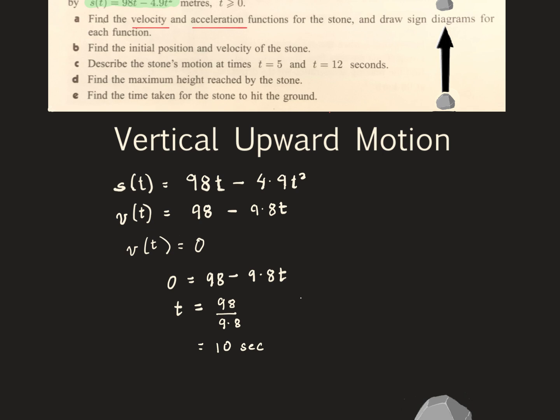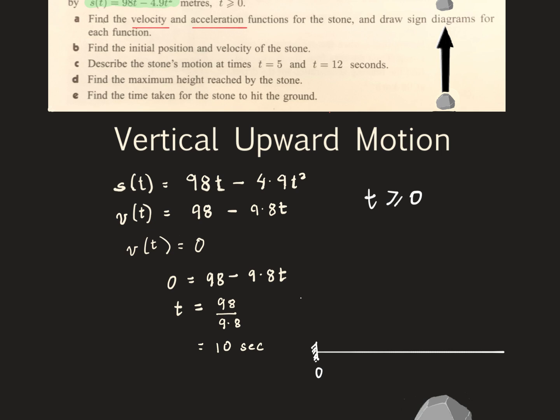And so as we draw the sign diagram for the velocity, we are reminded that time has to be greater or equal to 0. In that case, we start with 0 and we put a little hatch over here to say that we do not require time to be anything less than 0.